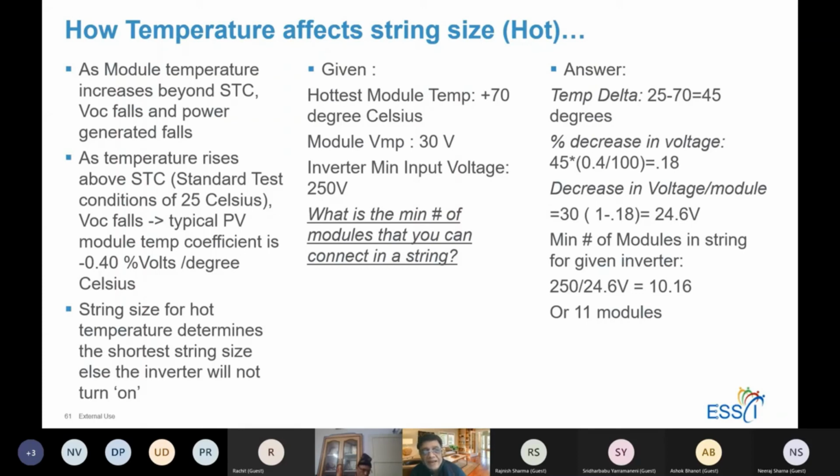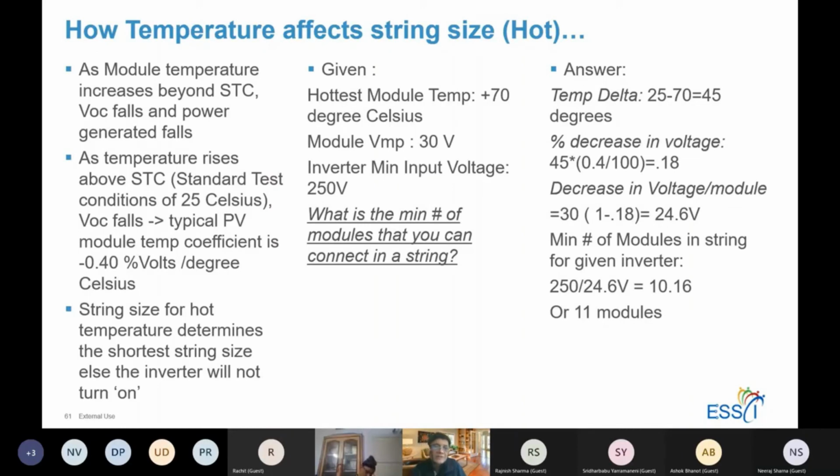And if the voltage generated from your PV string falls below the minimum required for the inverter, the inverter will trip. It will not work. So you have to make sure that your PV system must also give the minimum number of modules for the inverter to function.